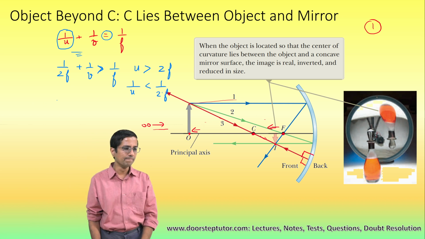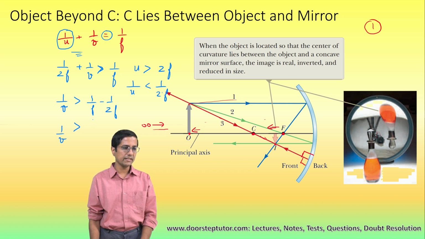Very simple, nothing complicated. So this means that 1 by v is greater than 1 by f minus 1 by 2f. I can take 1 by f common, and 1 minus 1 by 2 is 1 by 2f, which means that v is less than 2f.